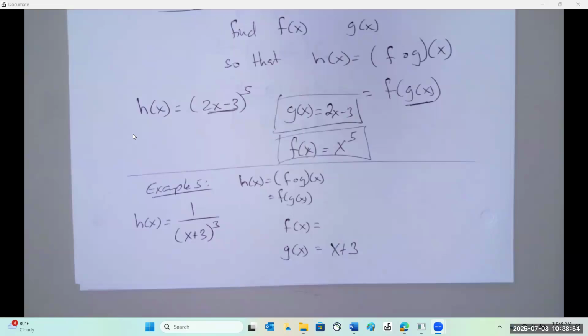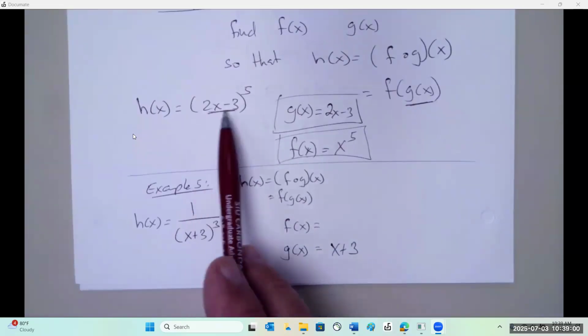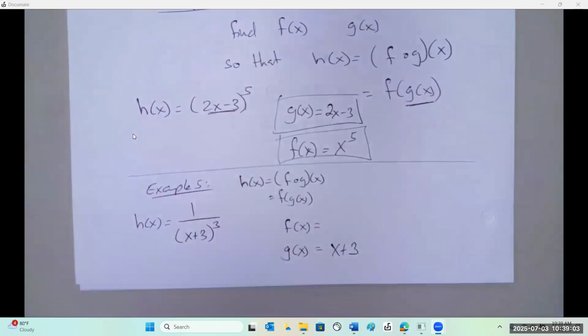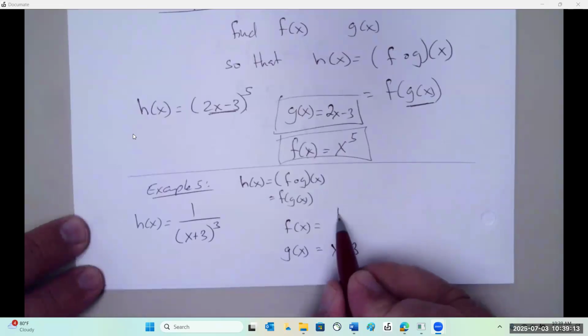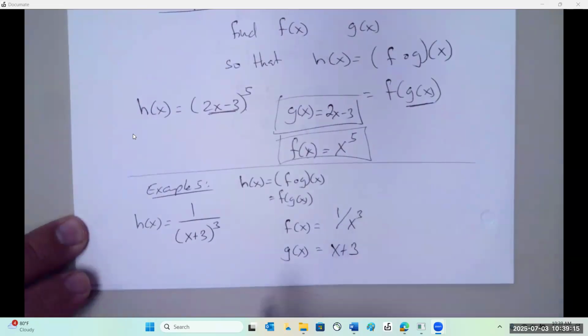Does the parentheses give it away? Usually, yes. Like the last example, the parentheses, because that says I'm encapsulated in this. So there you have it. So what would be my f of x? What's the outer function? Right.